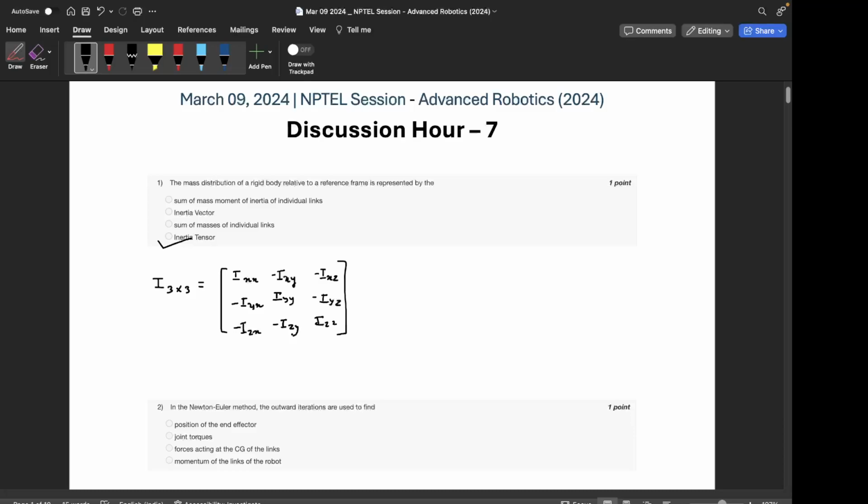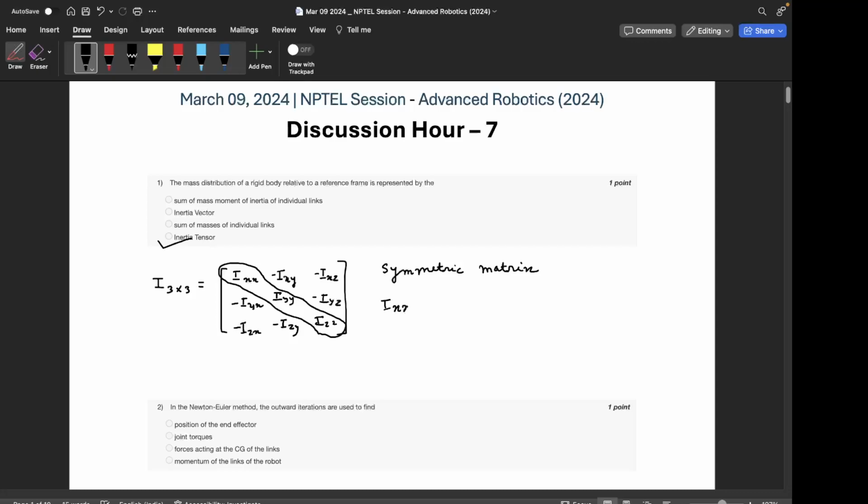The inertia tensor that we have is symmetric. The first property is that it's a symmetric matrix. The diagonal terms are calculated in a separate manner than the off-diagonal terms, so I will give an example of both.